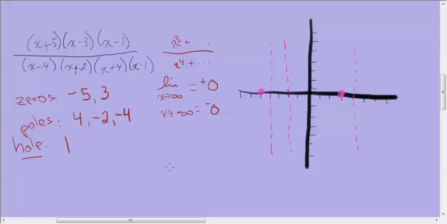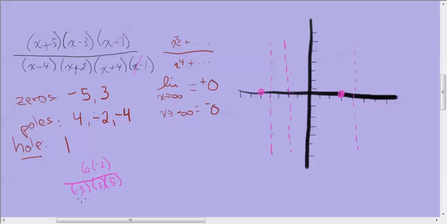What do I do about this hole? Well, I like to go through, I don't think your textbook does this, and find out what my approximate value is at 1. So let's just pretend these guys don't exist, and let's put in a 1. That's going to give me 6 times negative 2, so negative 12, divided by negative 3 times 3 times 5.